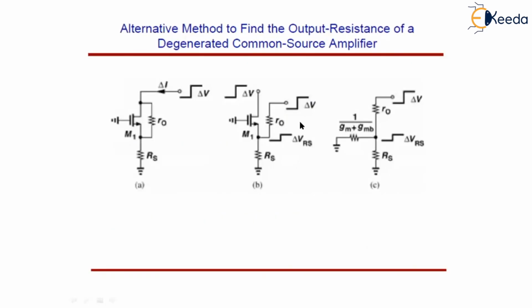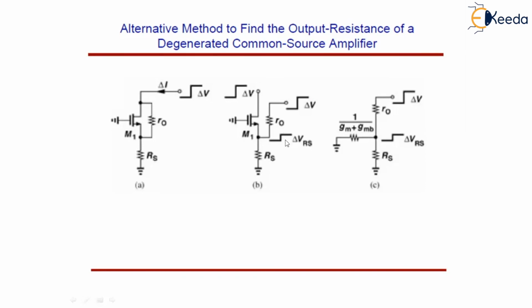There is an alternative method to find the output resistance of a degenerated common source amplifier, which can be found as follows. Simply, here is the ro, here is the source resistance, and this is the drain current change del I, having a voltage drop of del V. Simplifying this, ro can be removed, and having a separate voltage of del V here and del V here.